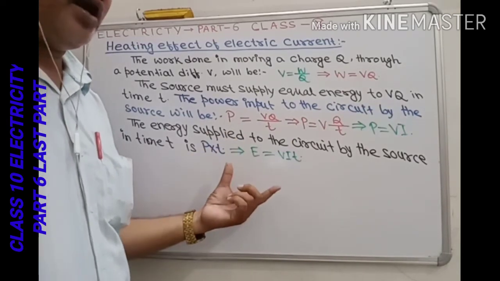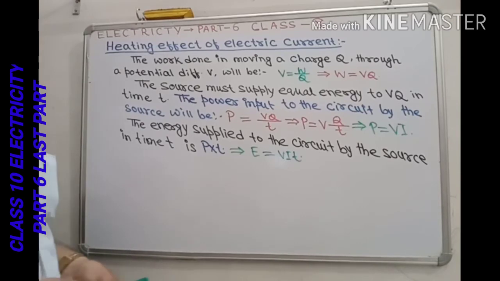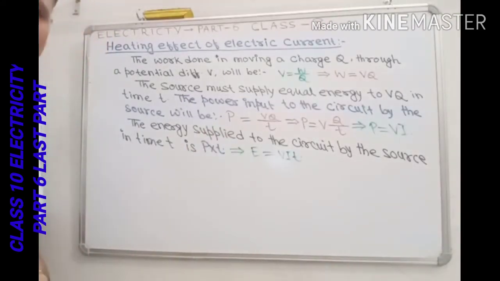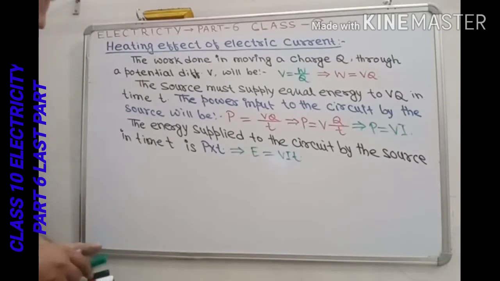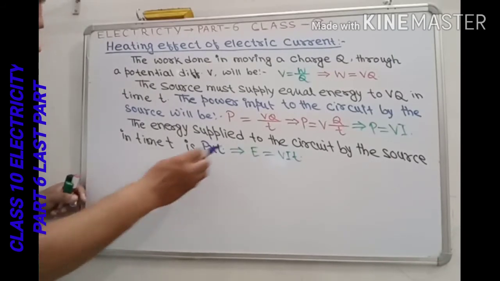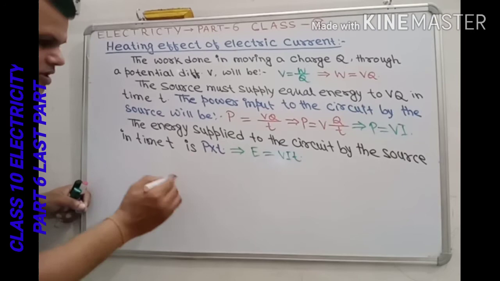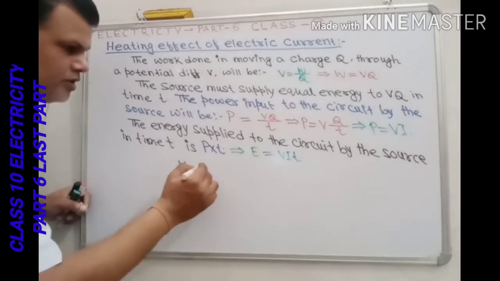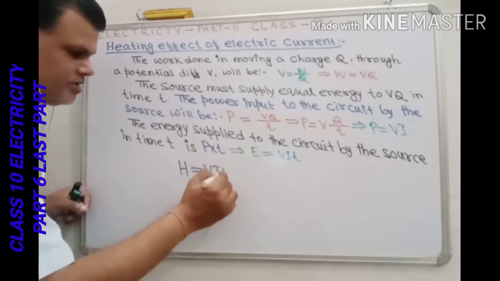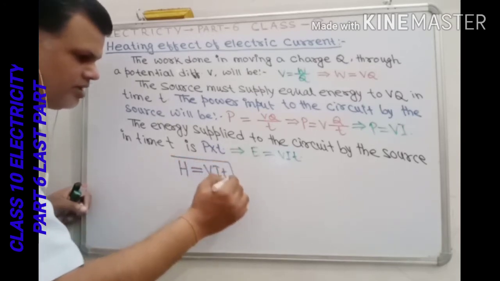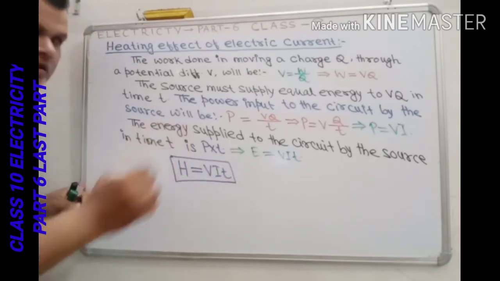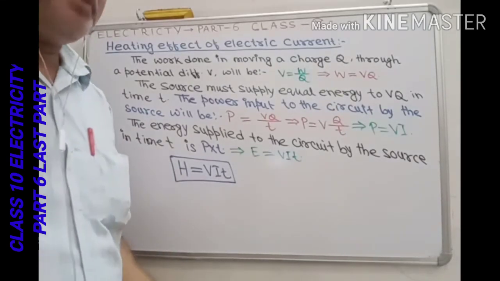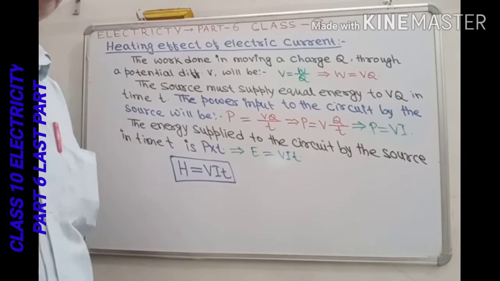So in place of energy, we can write heat energy H equals VIT. So this is the heating effect of current, and this was given by James Joule.